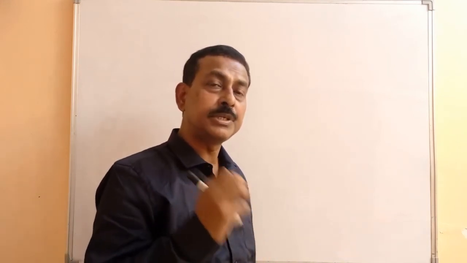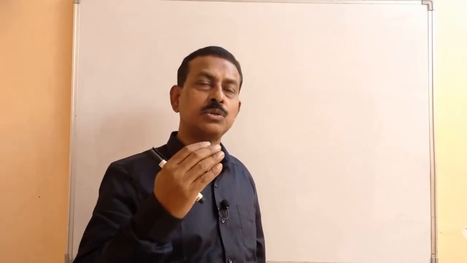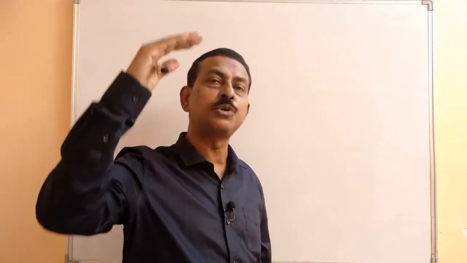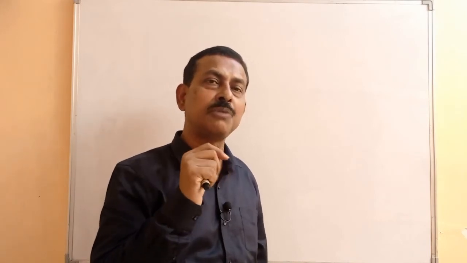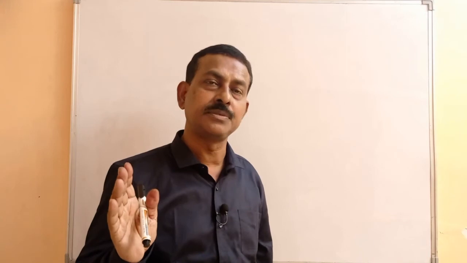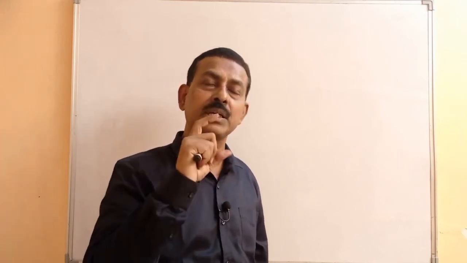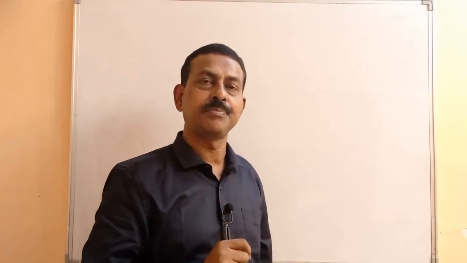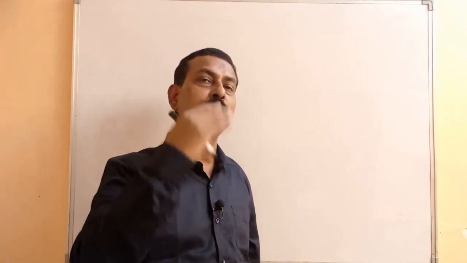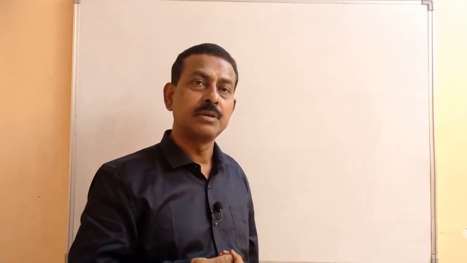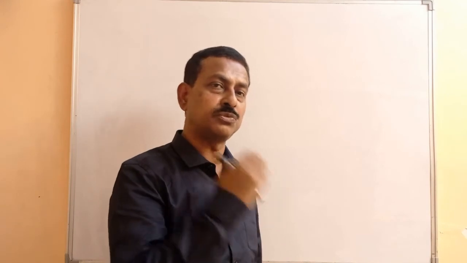Like if it is said that with what velocity a body should be thrown so that it rises up to a height of 20 kilometer or 50 kilometer, you cannot use the formula V equals root over 2gh. This is applicable only for small values of h over which you can consider g to remain the same. But if it is said that a body is thrown so that it rises up to 50 kilometer, 100 kilometer, in that case you cannot use this formula.